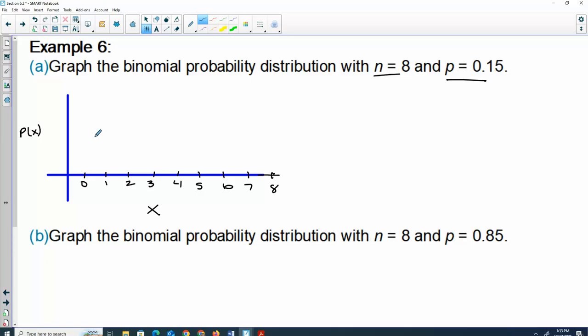Okay, so if I'm looking at those numbers, the highest is 0.38, so let's do, alright, and then I'm just plotting each of these probabilities. When x is 0, probability is 0.27.